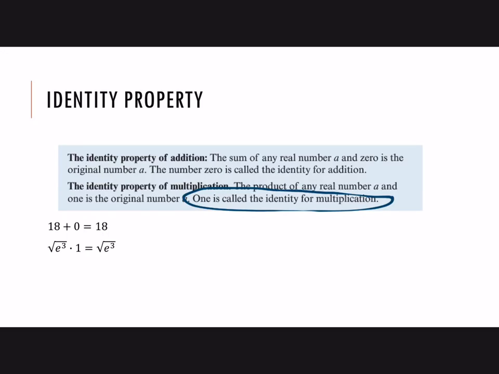Here's a complicated real number, the square root of e to the third, and it doesn't really matter what real number you use, but this property says when we multiply by 1, we still get the same real number. -5 times 1 is still -5.